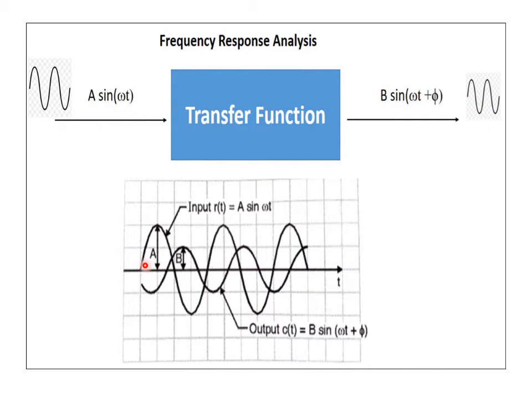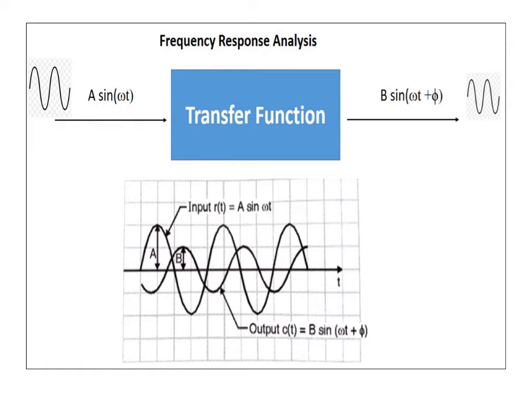Let us say this is the input a sin omega t, and this is the output, wherein a is the input amplitude, b is the output amplitude, and omega t plus phi, with phi being the phase angle, so it is out of phase with the input. So that is the phase.